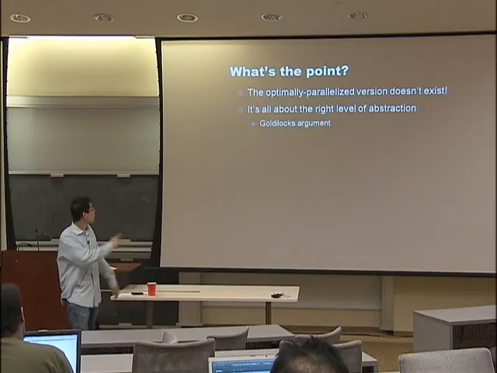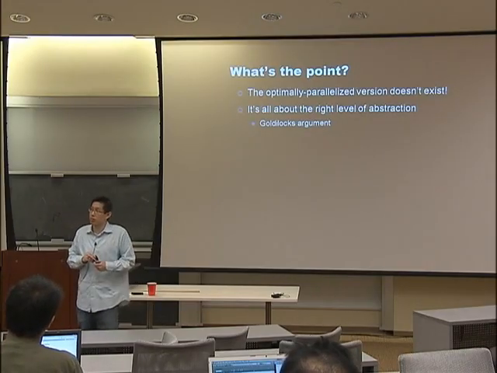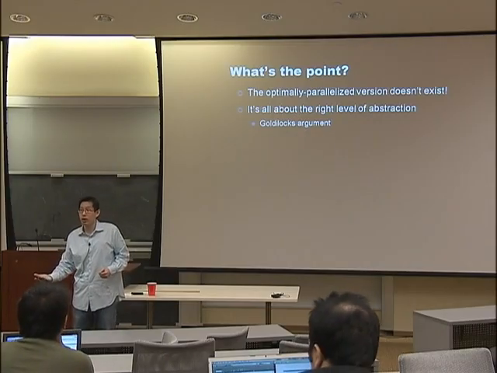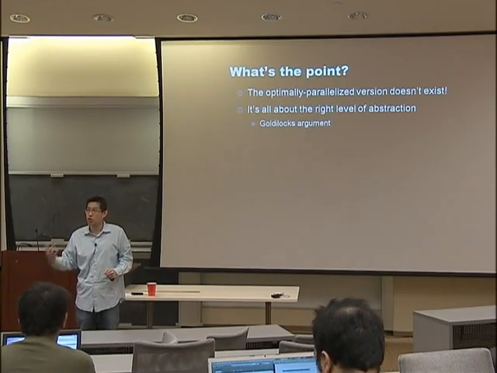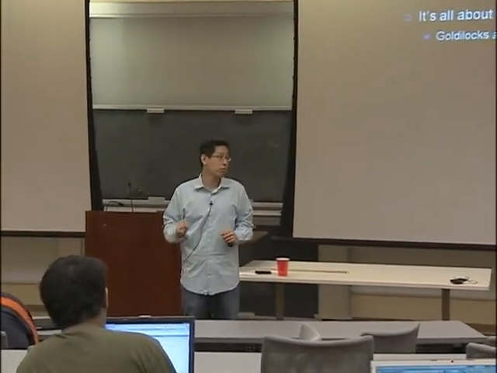Okay, right. So it's all about the right level of abstraction, right? So this is a variant of the Goldilocks argument, right? For any particular algorithm, you can engineer it to death and squeeze every ounce of performance out of it, and you'll likely run blazingly fast.